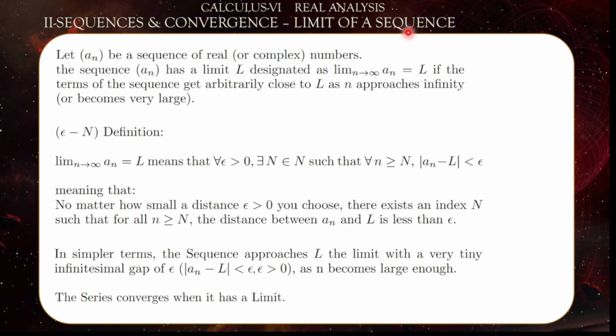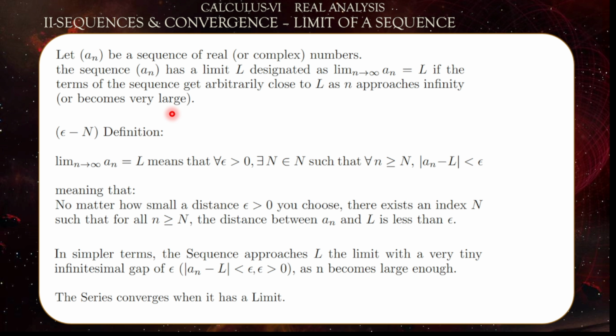Limit of a sequence. Let an be a sequence of real or complex numbers. The sequence an has a limit L, designated as the limit as n approaches infinity of an equals L, if the terms of the sequence get arbitrarily close to L as n approaches infinity or becomes very large.